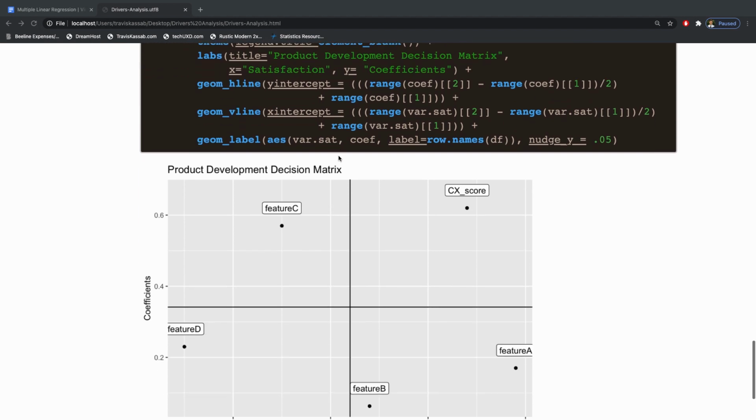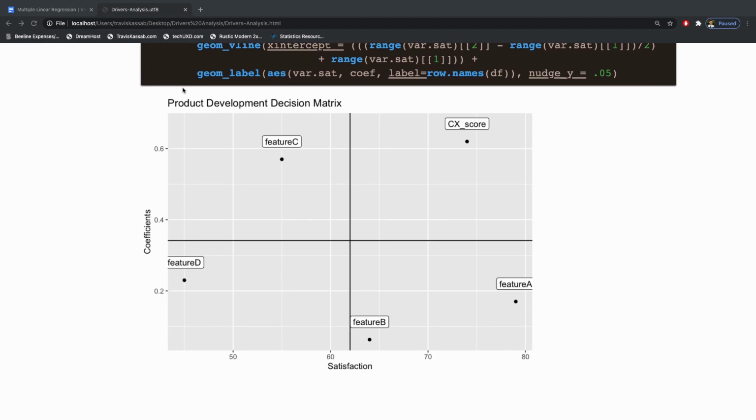So looking at this product development decision matrix, that's what I called it here. X-axis is average satisfaction of predictor variables, and y-axis is beta coefficients. Okay, so again, beta coefficients is a proxy for the relative importance of the predictor variables, and satisfaction.